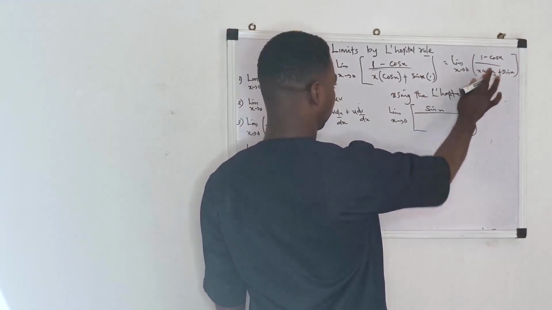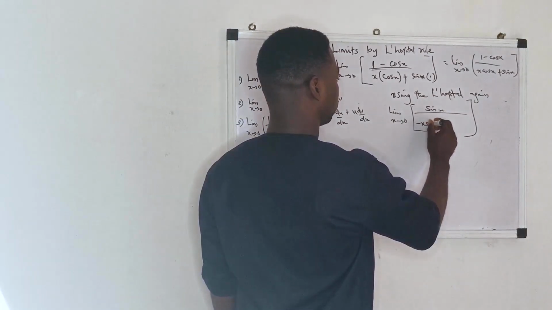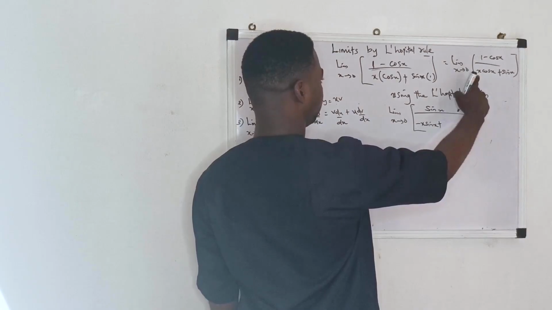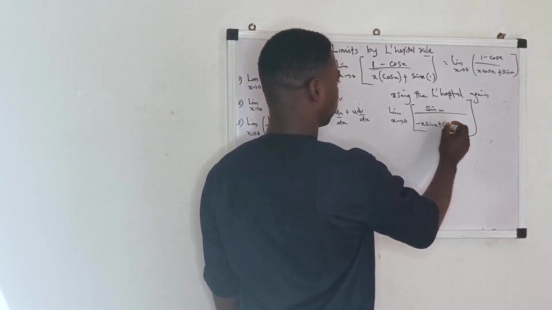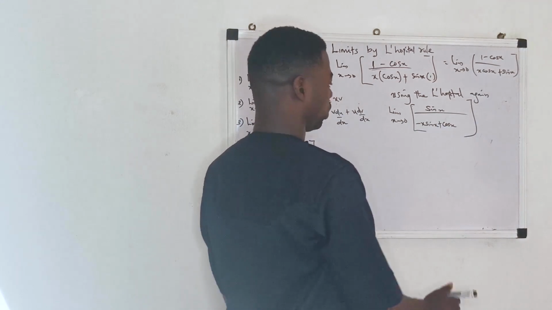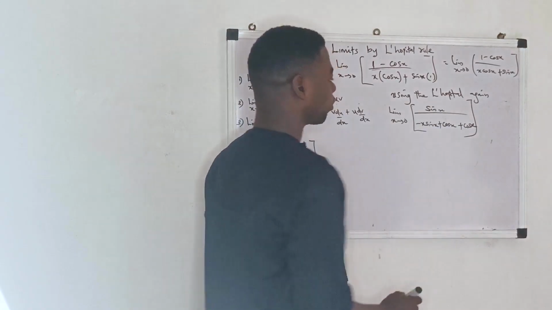So this will be x multiplied by the derivative of cos x. That will be minus sine x. So this is minus x sine x plus cos x times the derivative of x. That will be cos x times 1, which is cos x. And if I differentiate sine, I will get cos x, plus cos x.